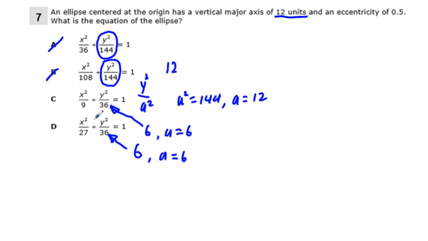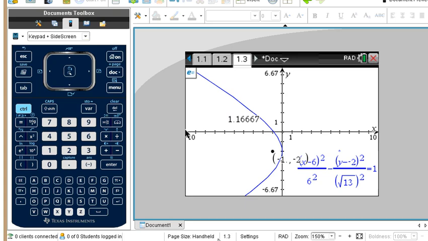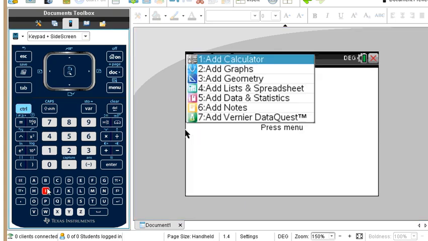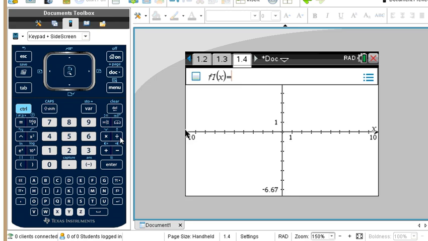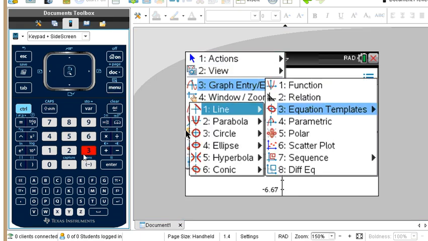And next, between these two, we look for eccentricity of 0.5. So we're going to try this answer choice C. See if that works out. And to do that, we'll get another page here, Control I, add graph, and we're going to go to menu, 3, 3, and we're going to go to, in this case, an ellipse.